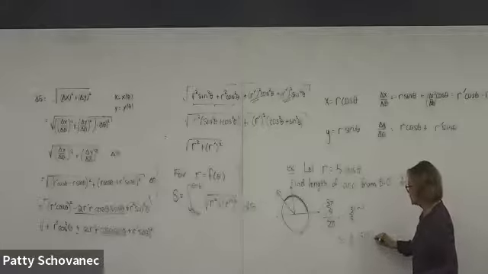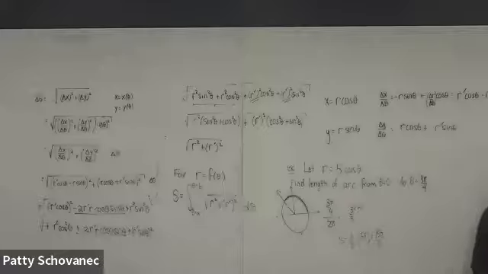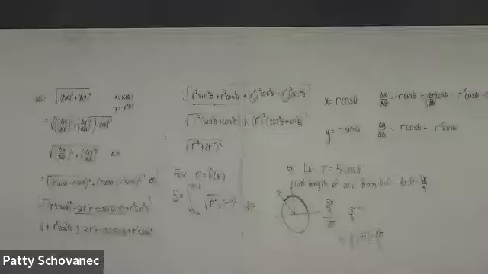We should get as our answer 15 pi over 8. Did I do that right? 3 pi over 4 divided by 2 pi. The pi's will cancel.